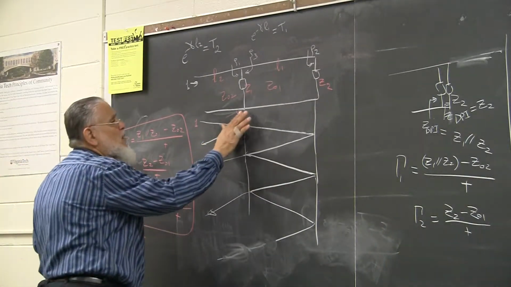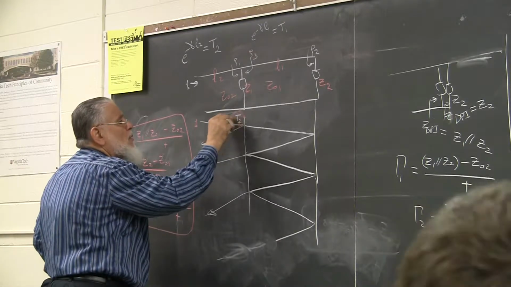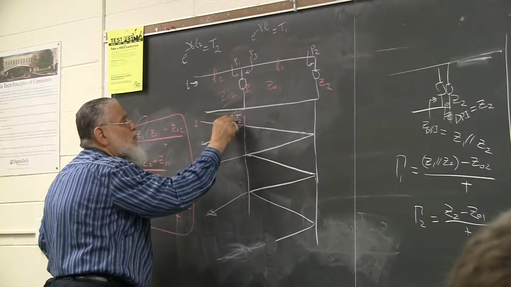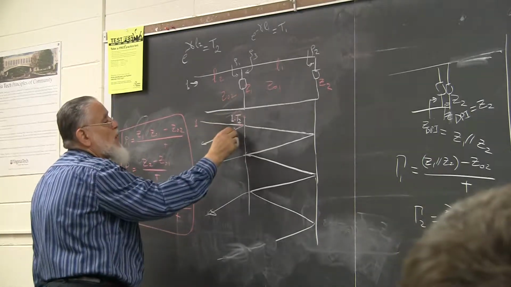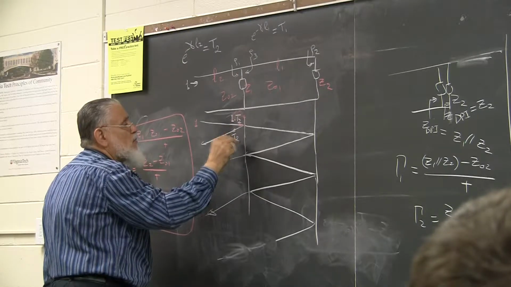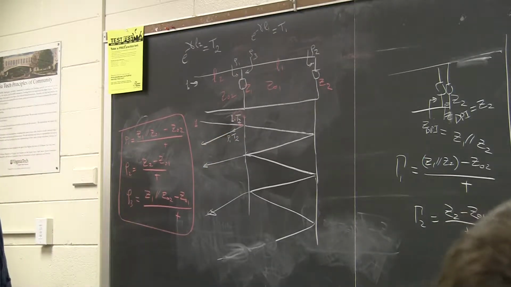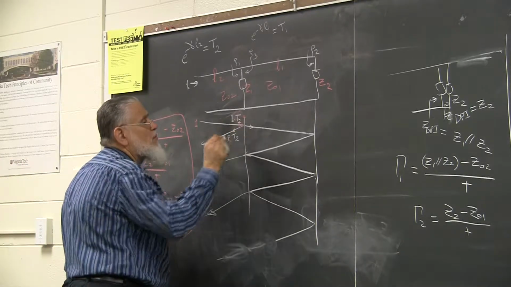So this is actually 1 times T2, and that goes through rho 1. So what you get back here is rho 1 times T2. How much goes through here now?